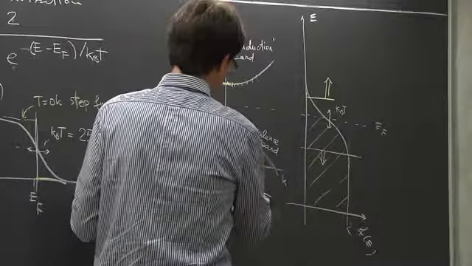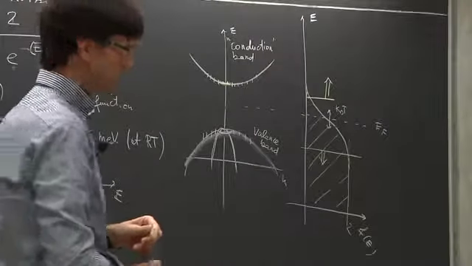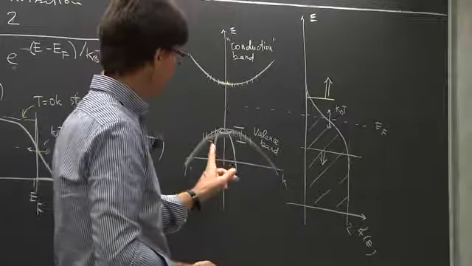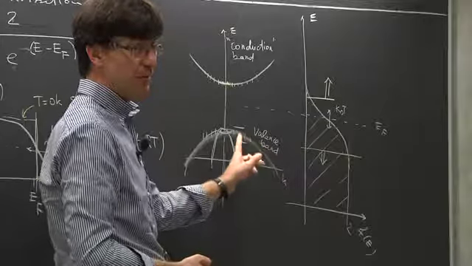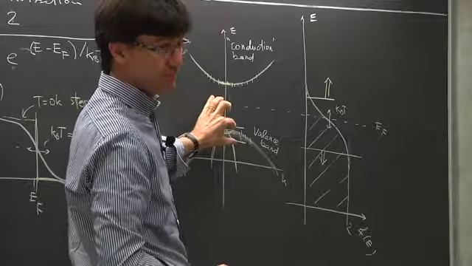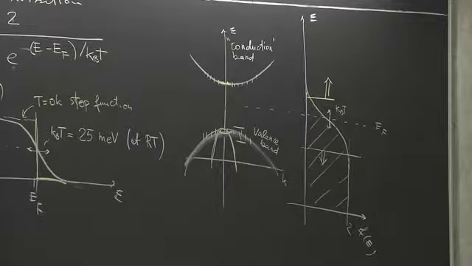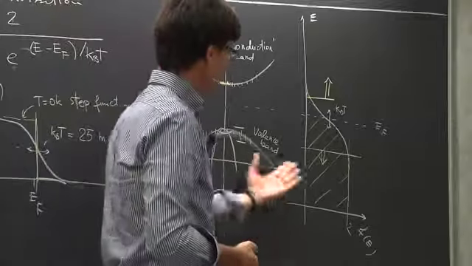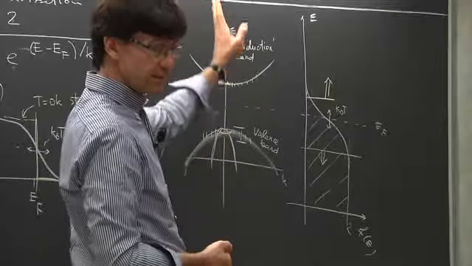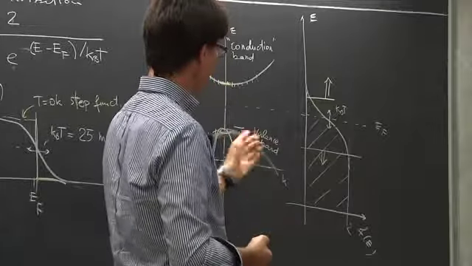But if the valence band, instead of being like this, is like this, very steep, then in an equal width of energy, if the states are equally spaced in k, there will be fewer available states in a given energy interval. All right? So the important point to remember is that the states are equally spaced in k-space, but if I now look at the distribution of states along the energy variable, it's the slope of the bands that determines how many states I have.